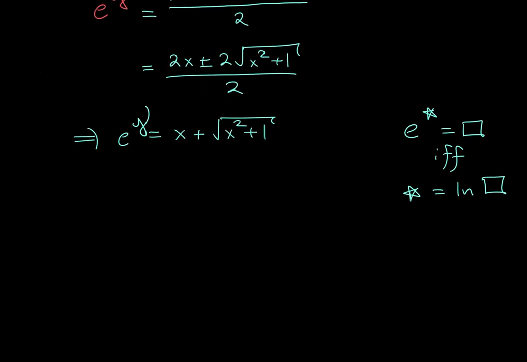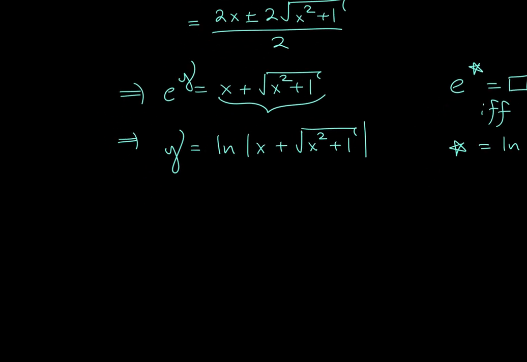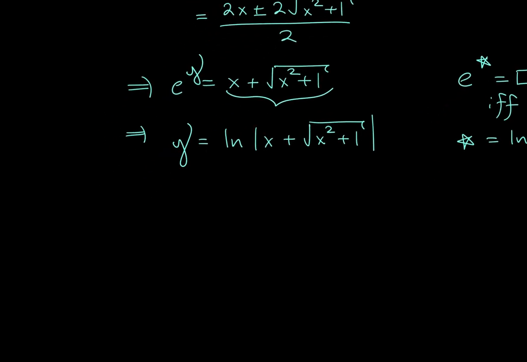So I have something like this. It looks like my y is kind of like my star, and this huge nastiness is kind of like my square. So what I get is y must be the same thing as the natural log of x plus the square root of x squared plus 1. And here we go. So this is my inverse function. Absolutely crucial.